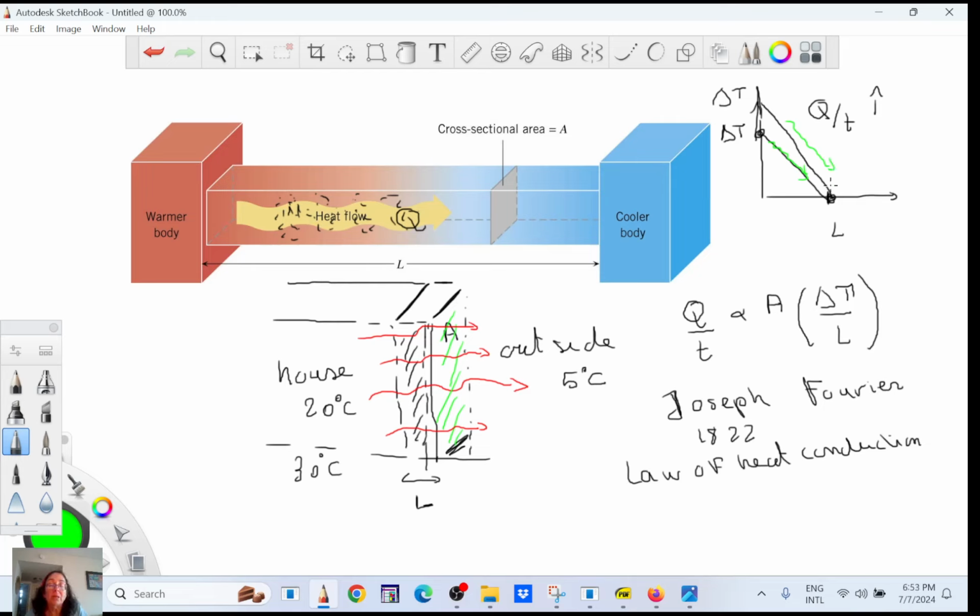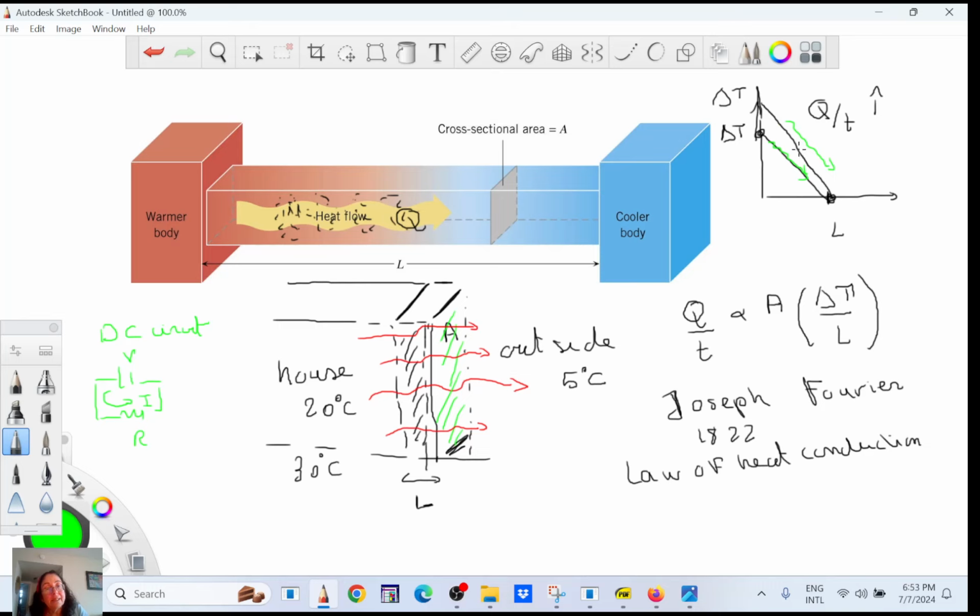It's very much like if you study a DC circuit. You have a voltage here, you have a resistance R, for example. You're going to see that the current, so how fast the charges are moving, depends on the voltage. So the voltage is like a pressure pushing the charges.